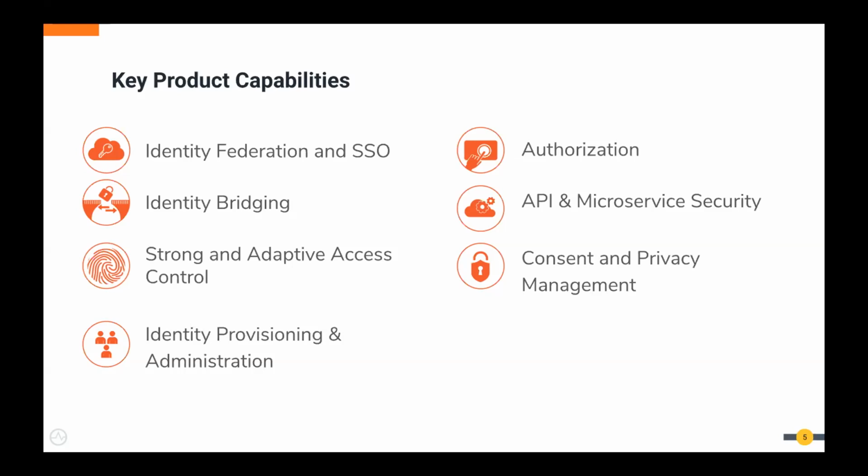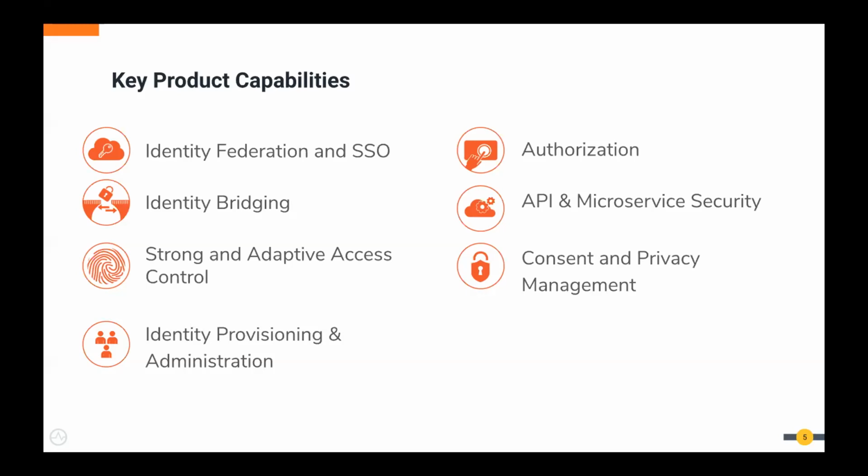We also have the capability of identity bridging. What identity bridging is, the WSO2 Identity Server can, in fact, authenticate its users by itself. When I say by itself, it can use various authentication mechanisms like username, password, SMS OTP, etc. But at the same time, it can federate with third-party, partner and customer identity providers.